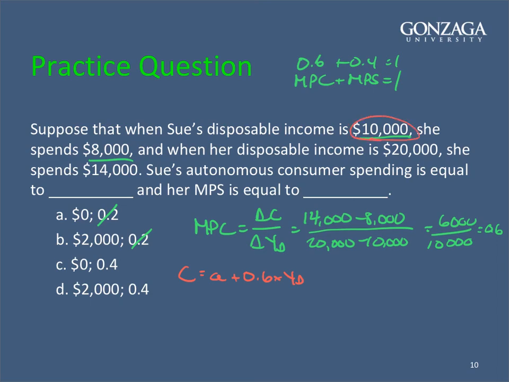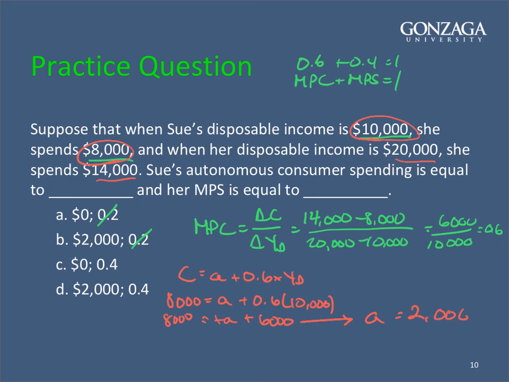There's 1 point, and this is another point. Let's plug in 10,000 and 8,000. So consumption, 8,000, equals A plus 0.6 times 10,000. So here we have 8,000 equals A plus 6,000, or 8,000 minus 6,000, so A equals 2,000.